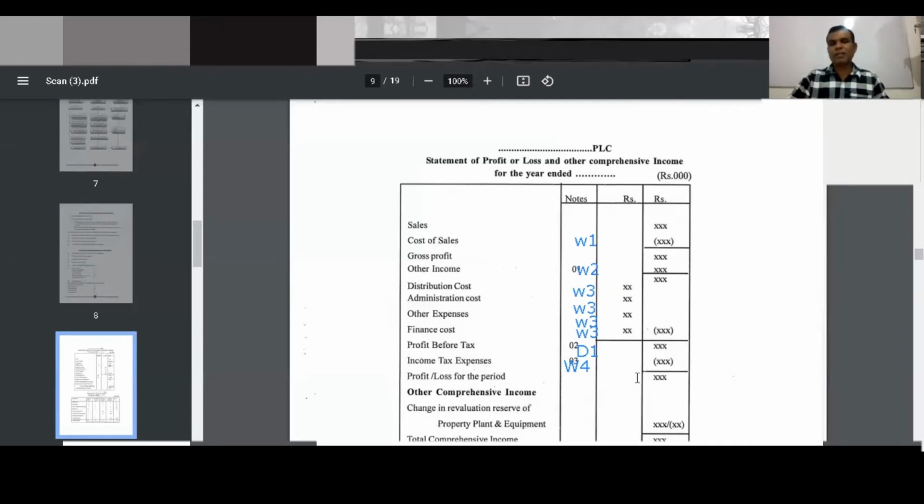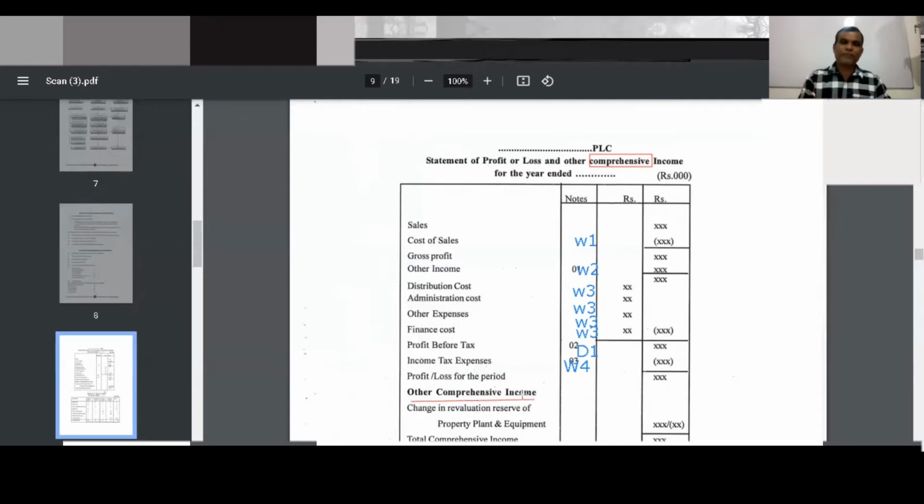And then definitely, now there is another important part. Just keep in mind, if this income statement is a comprehensive income statement, the meaning of comprehensive, understand, means that other comprehensive income should be highlighted and added.